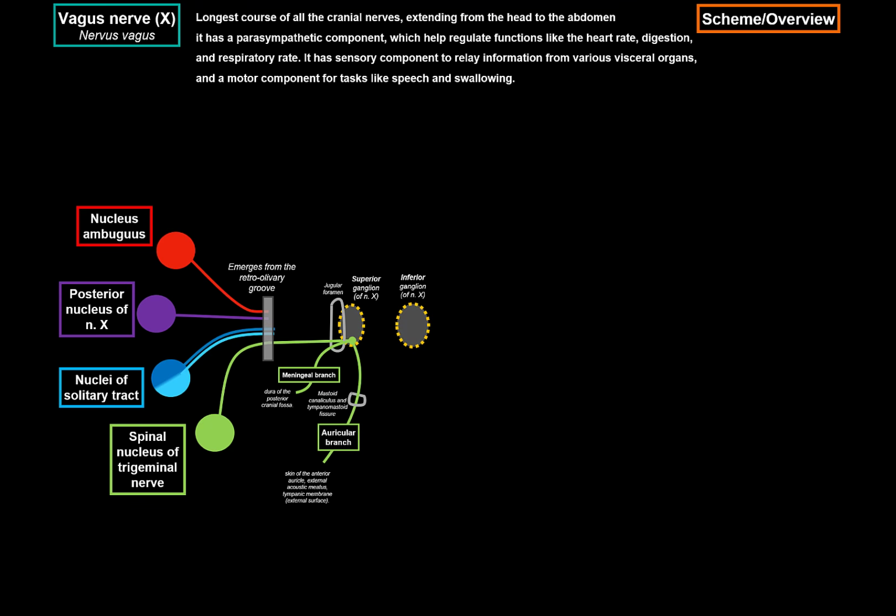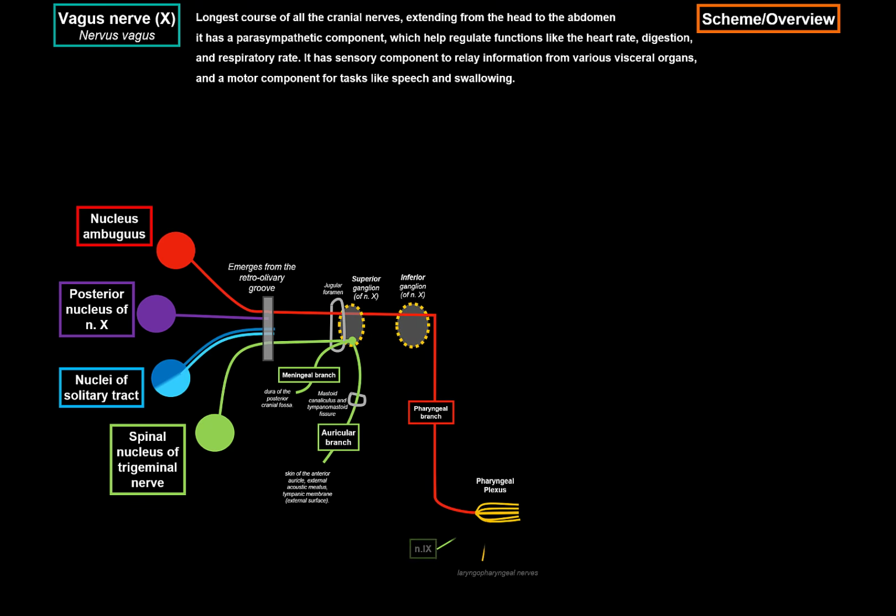Now, from here, we're going to do a couple of branches together, since most branches of the vagus nerve consist of a combination of parasympathetic, motor, and sensory innervation. So, the motor component coming from the nucleus ambiguus will go through the jugular foramen and the ganglia without synapsing with them.